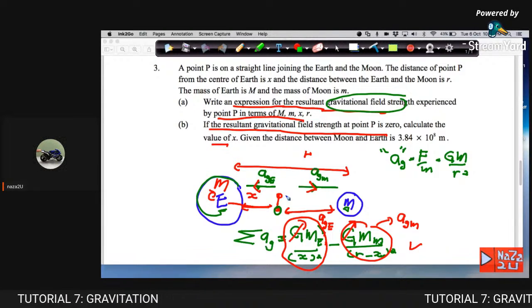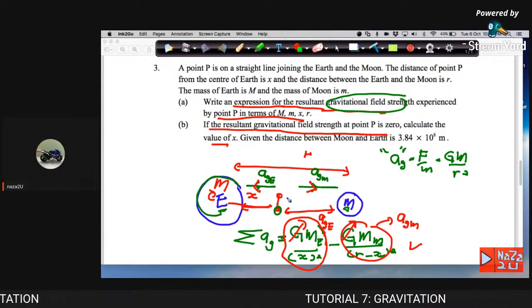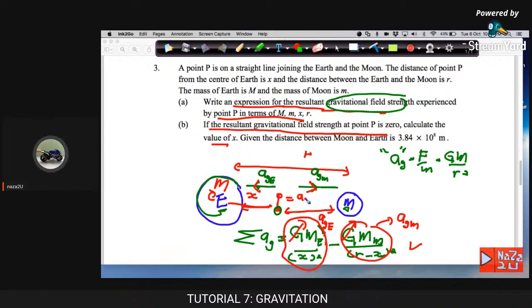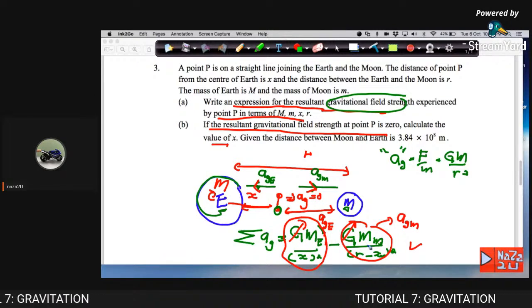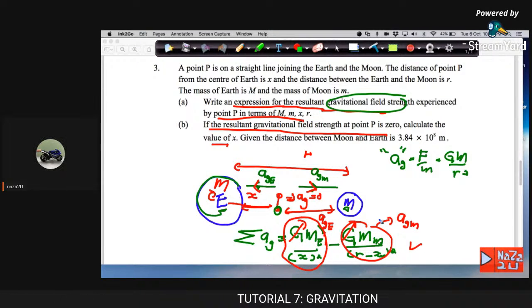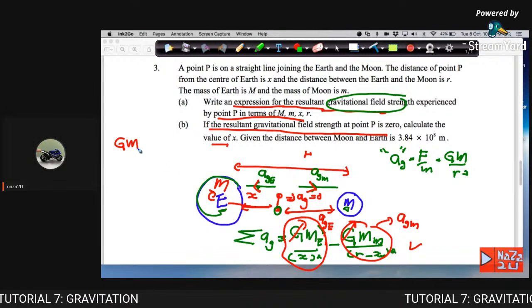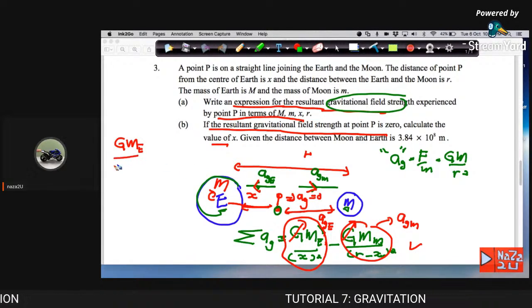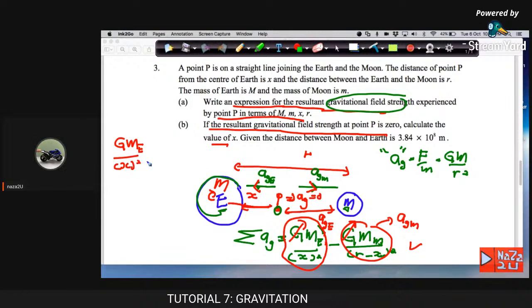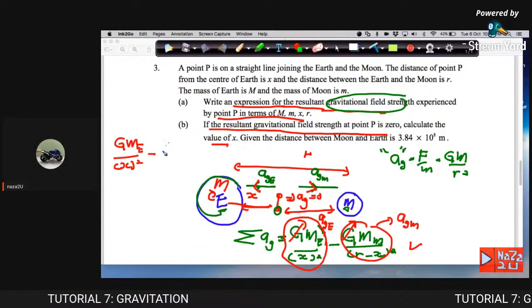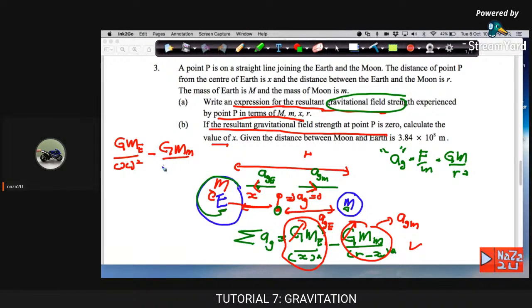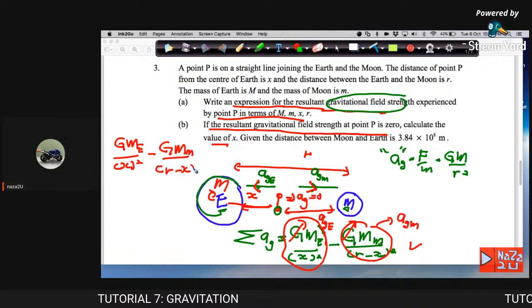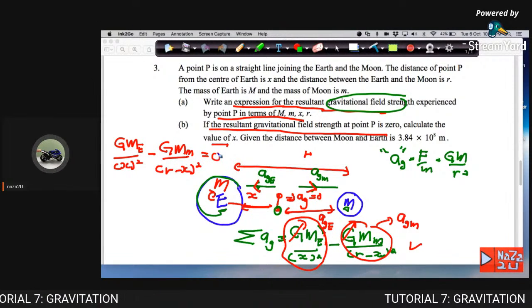Maksudnya kat sini, at the point P here, dia punya nilai AG is equal to 0. Maksudnya AG here is equal to, kalau kita guna persamaan ni, G M E over X square minus G M moon divided by R minus X square. This is equal to 0.